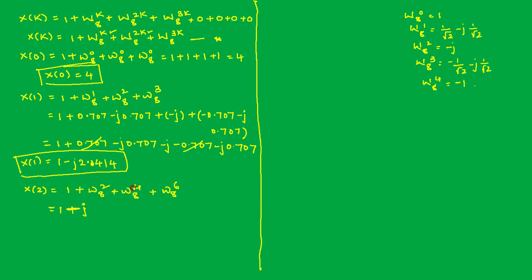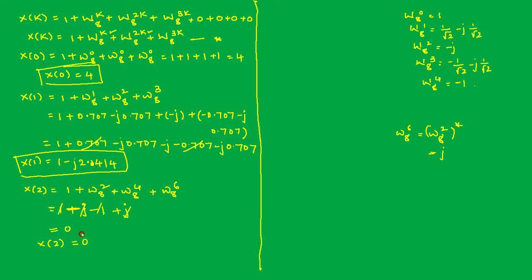Next w8 4 is minus 1, so here I will write minus 1. W8 raised to 6 is the complex conjugate of w8 raised to 2, and w8 raised to 2 is minus j, so this becomes plus j. So this plus j minus j, and minus 1 plus 1 will get cancelled. X of 2 you will get 0. So x of 2 is equal to 0.